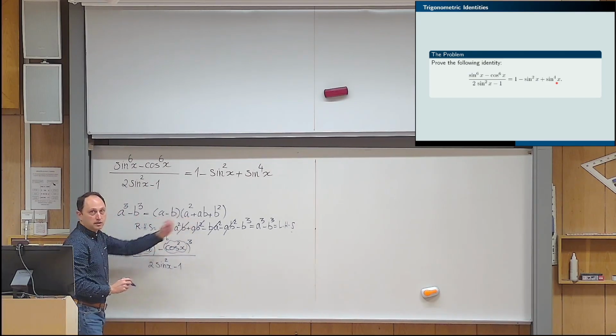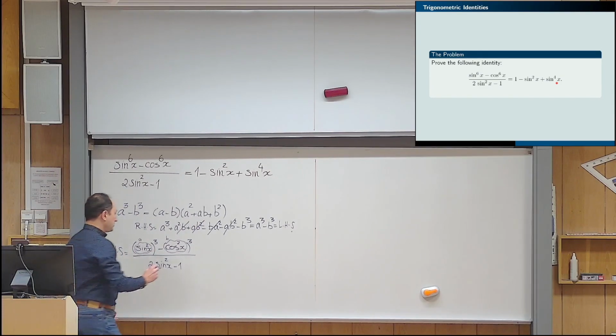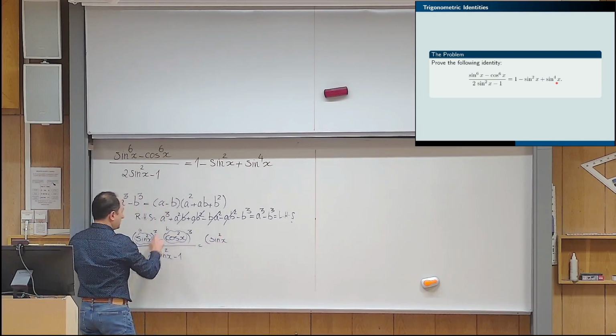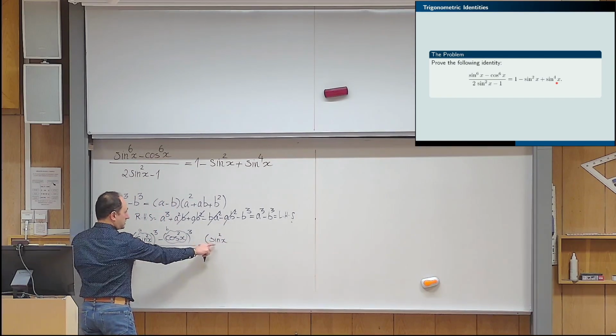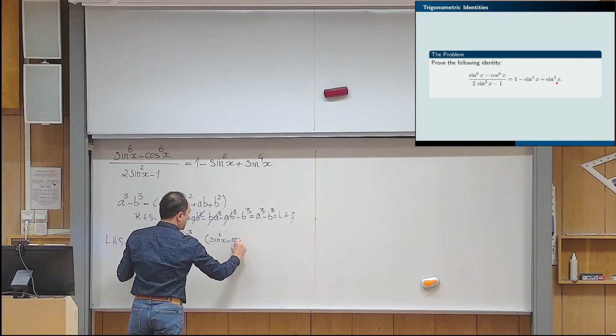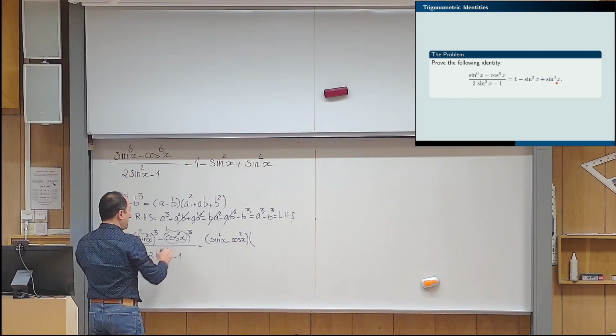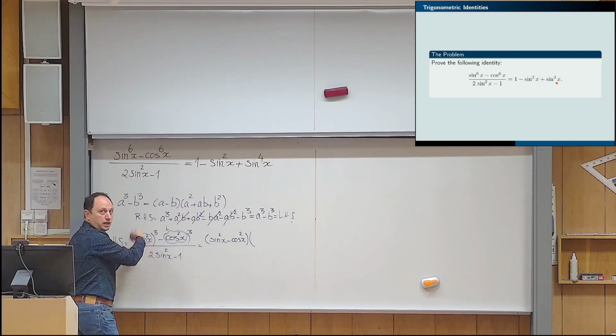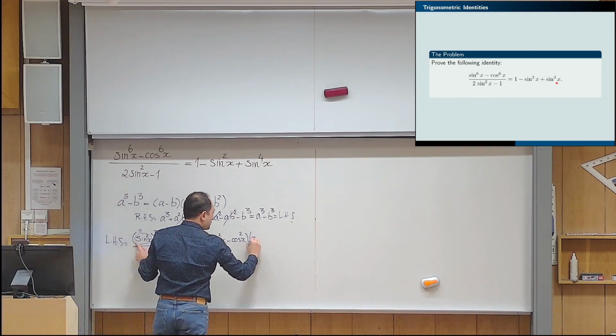So I can factorize it like this. This becomes equal to sine squared x, because a in this case is sine x squared, minus b, which is cosine x squared, and then multiplied by a squared. A is sine x squared, so a squared becomes sine x to the fourth.